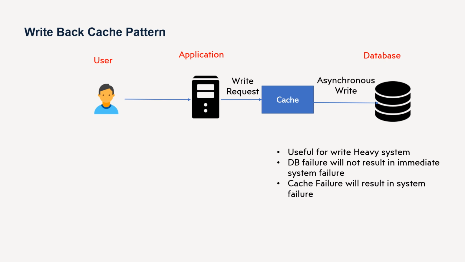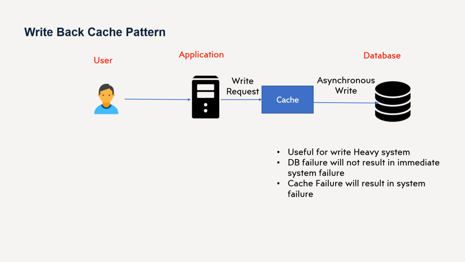And also, in case the DB goes down, because your cache has the data which is up to date, you can serve your customers for some time. So until the cache gets full, you are able to sustain the DB failures as well.